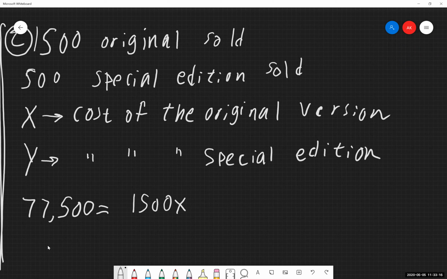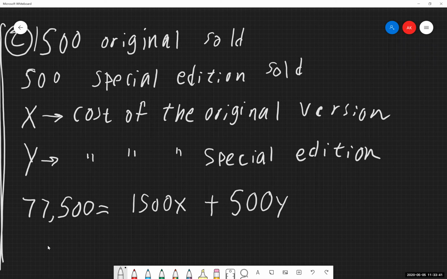So 77,500 is equal to 1,500 original sold at some price, so this is going to be some dollar amount, plus the amount of money that was made from the special edition. And all that we know is that we're 500 sold at some price Y.